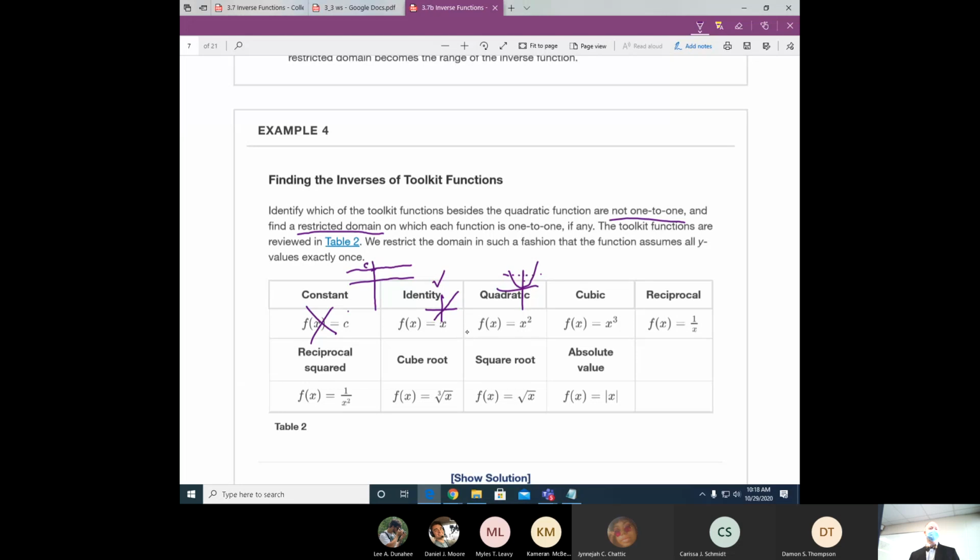So possible domains are 0 to positive infinity. There it is 1 to 1, because I get this. It's also possible to be 1 to 1 if I define the domain of negative infinity to 0. I could say, okay, it's 1 to 1 if I don't consider those. So I have the choice of which domains to use to make this 1 to 1.